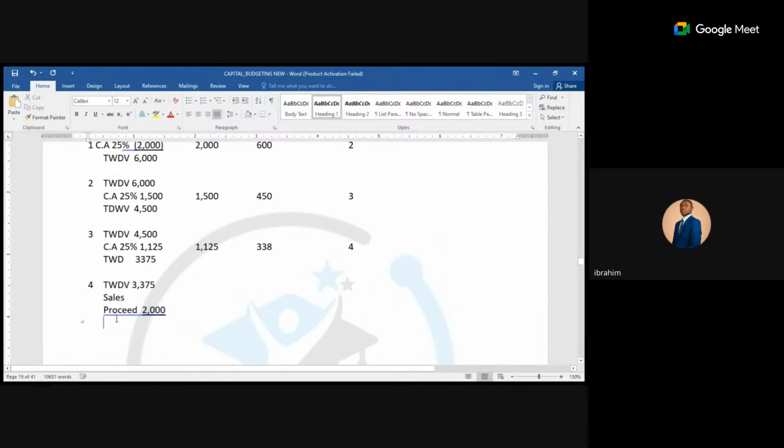Balancing allowance. You still claim capital allowance on this. Balancing allowance. Okay. So what is the difference? 1,375.